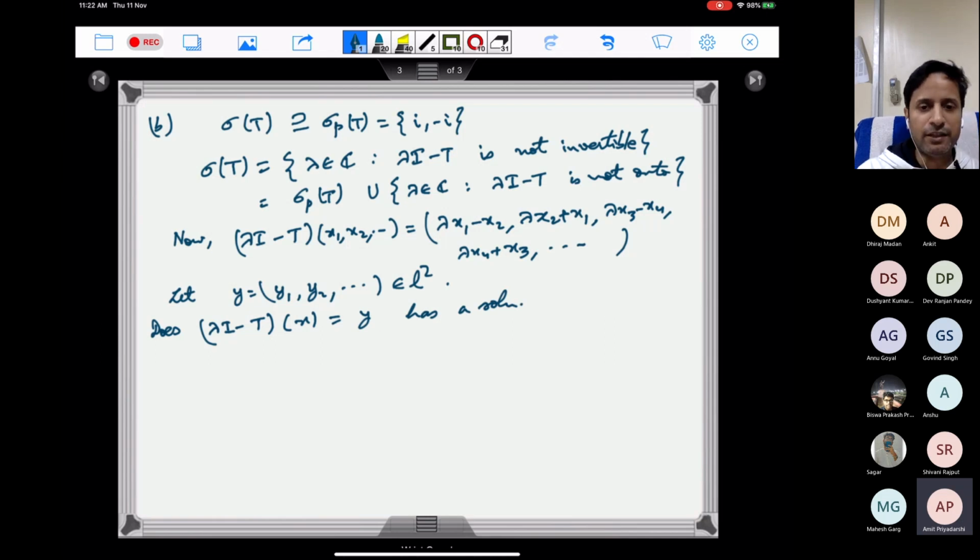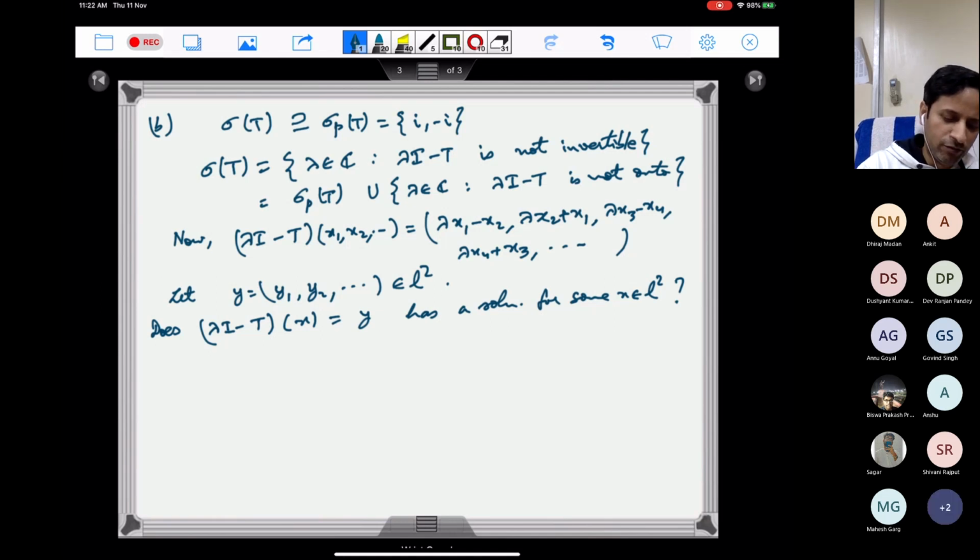Here it means that this vector x has to be in L2. So when will this have a solution? We get lambda x1 minus x2 is equal to y1 and lambda x2 plus x1 is equal to y2, and the other ones have a similar pattern.